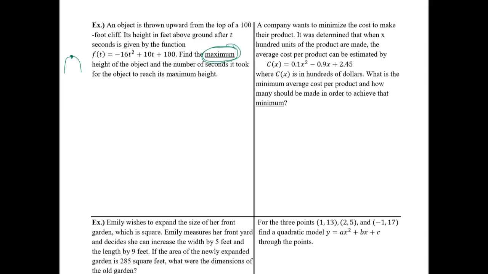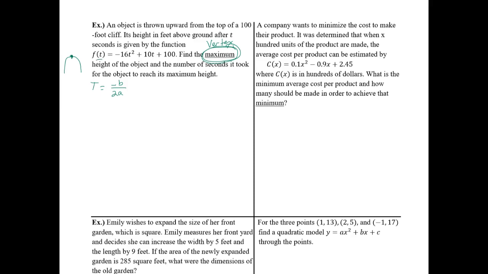So whenever you see maximum or minimum as part of the problem, you are actually finding the vertex. And we have a vertex formula that says, in this case, t is the variable, will equal negative b over 2a. So we can find the time that it reaches the maximum, and then once we have time, we can input that and find the maximum height.